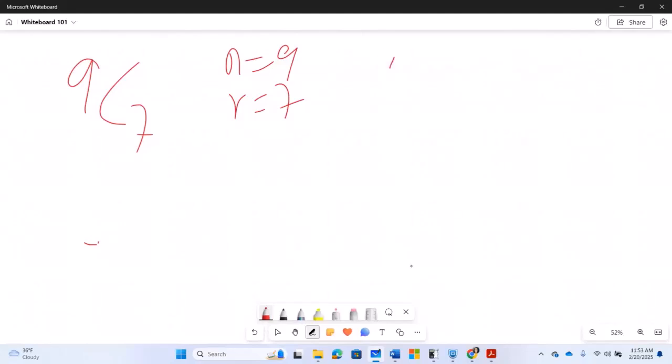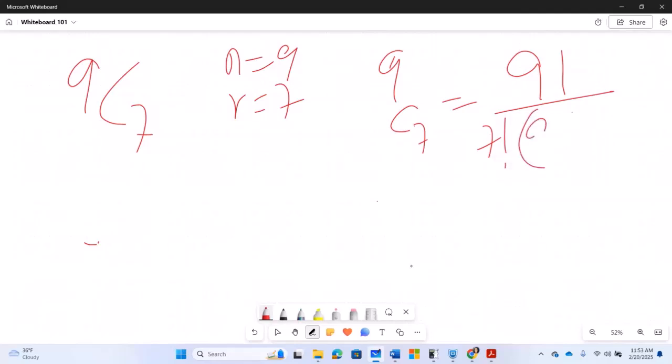So 9 combination 7. First of all, I'll write the formula. N is equal to 9. R is equal to 7. 9 combination 7 is 9 factorial over 7 factorial times 9 minus 7 factorial.